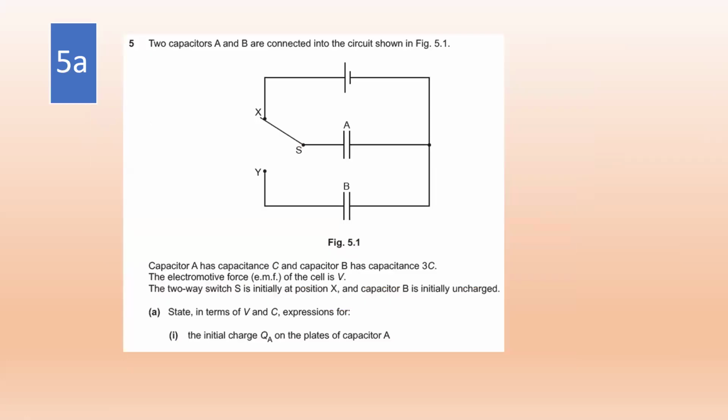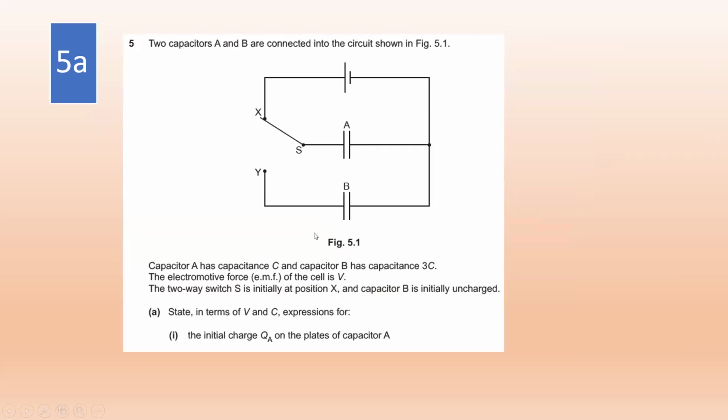Okay, let's go to number 5. Two capacitors A and B are connected into the circuit shown in figure 5.1. Capacitor A has capacitance C and capacitor B has capacitance 3C.